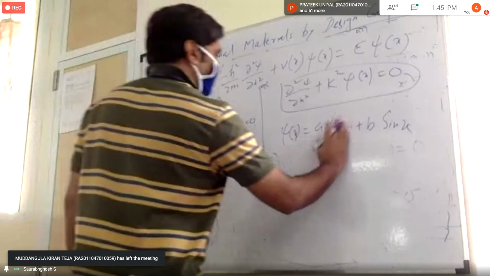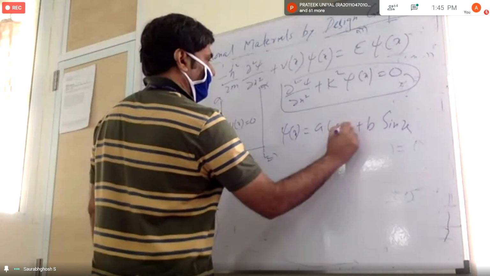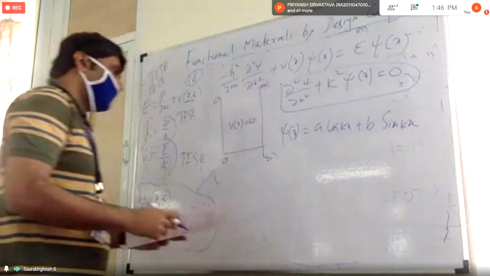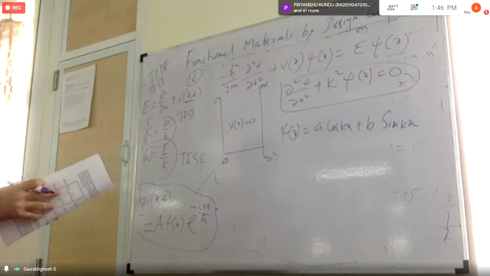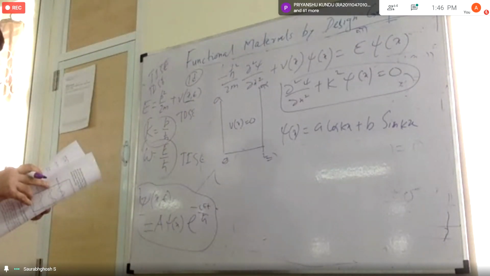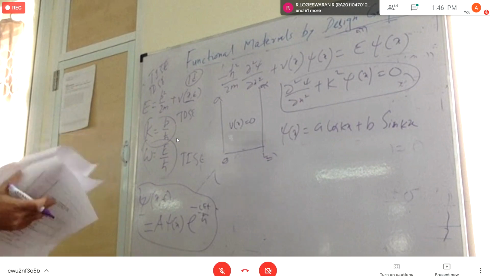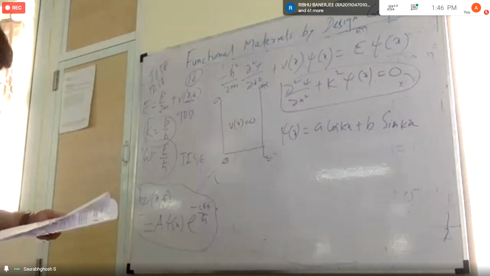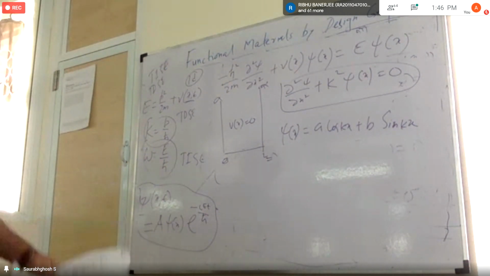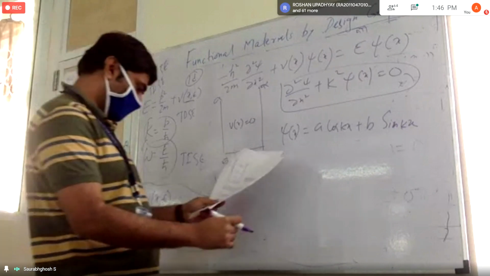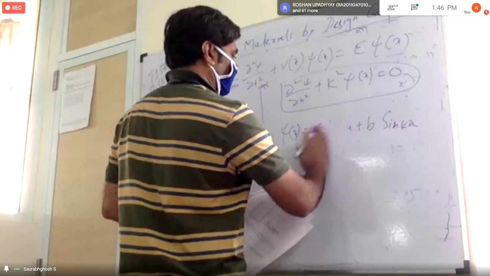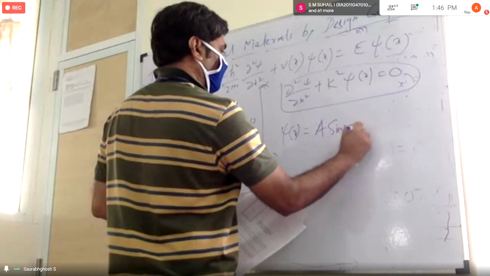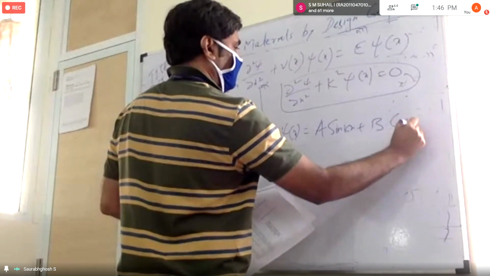I mean, this can be a solution of this particular system. Or sorry, you can write this again as A sin kx plus B cos kx.